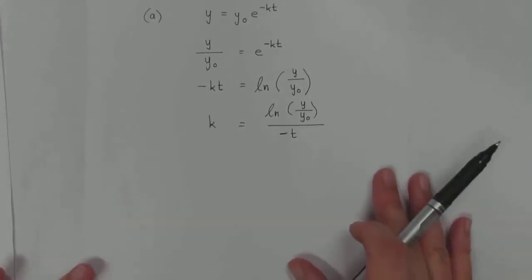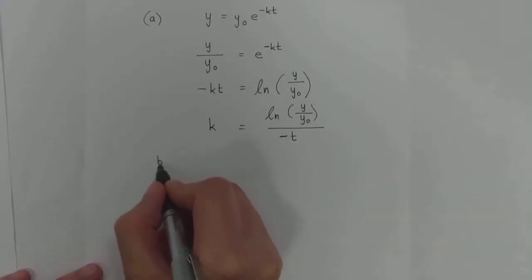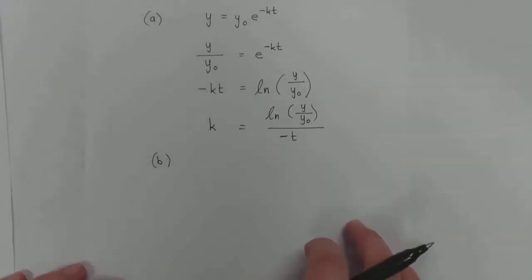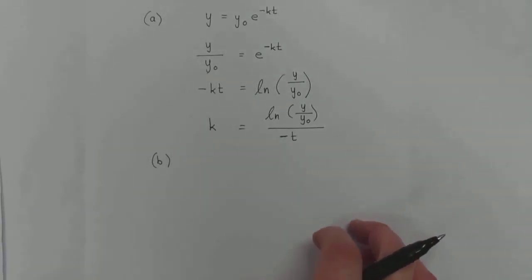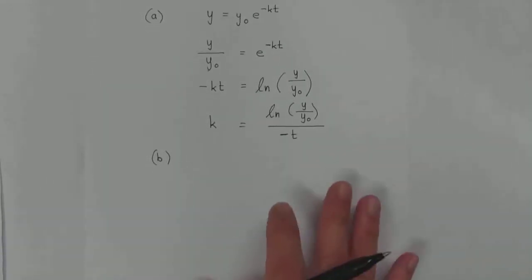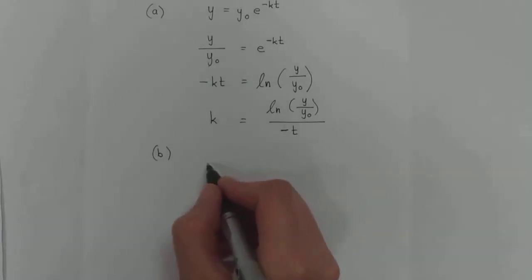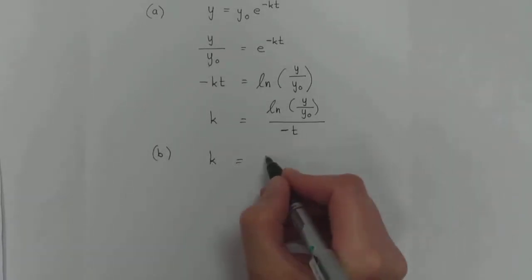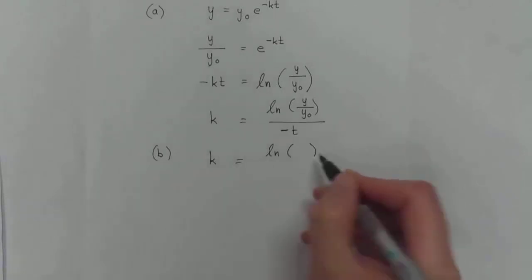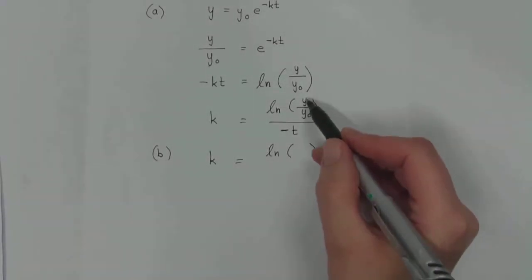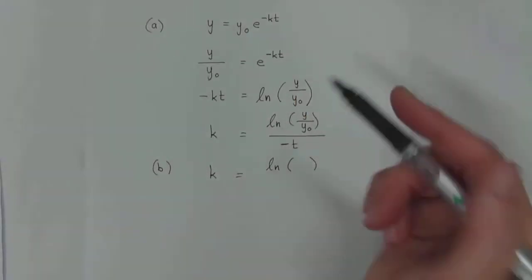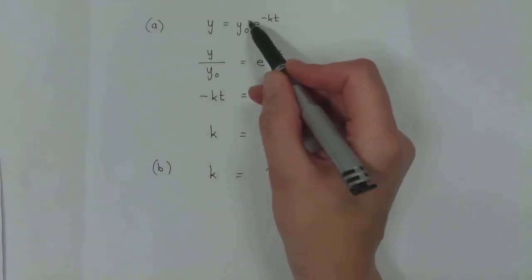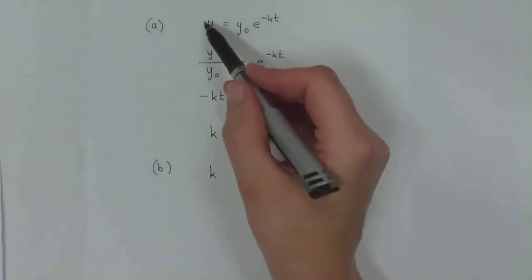So using that formula, the first thing we have to realize is they said determine the value of k if the half-life of carbon-14 is 5,700 years. So we are saying that k is equal to ln, and now the half-life says that from the original initial amount, it is now halved.